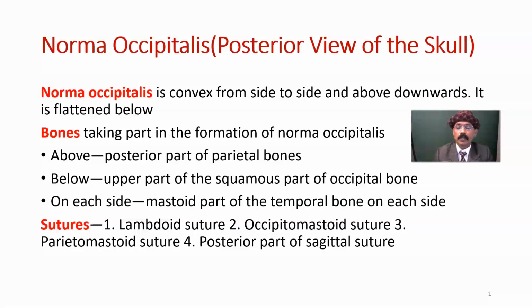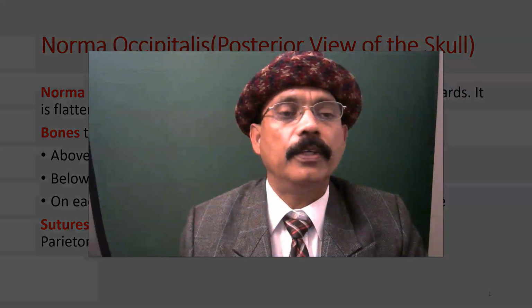The sutures are the lambdoid suture, the occipitomastoid suture between the occipital bone and the mastoid bone, the parietomastoid suture, and the posterior part of the sagittal suture.